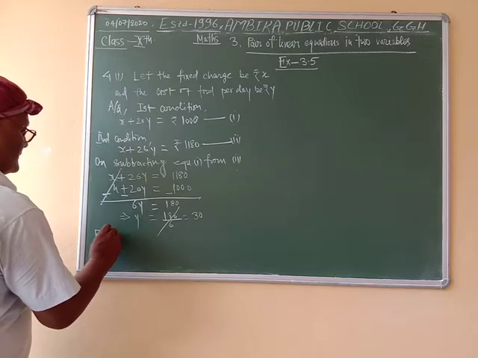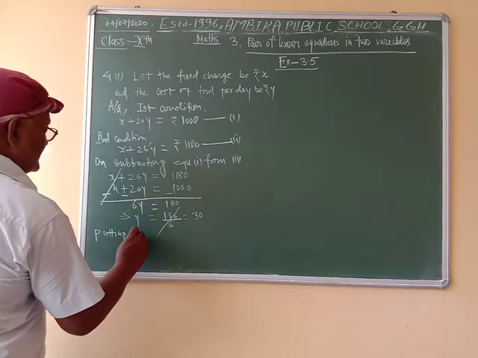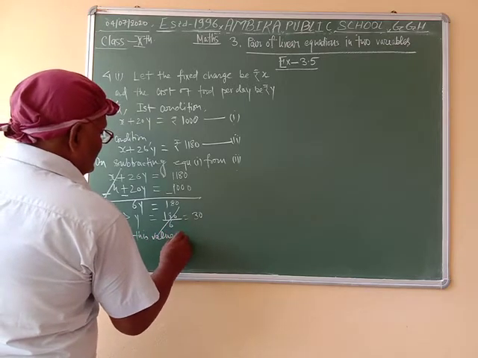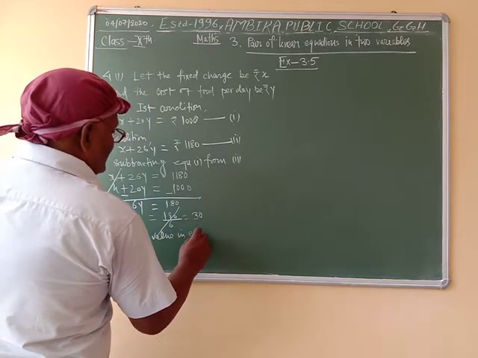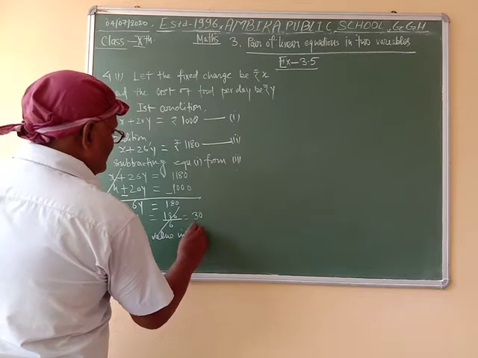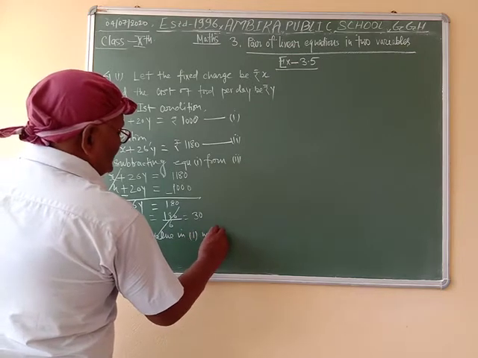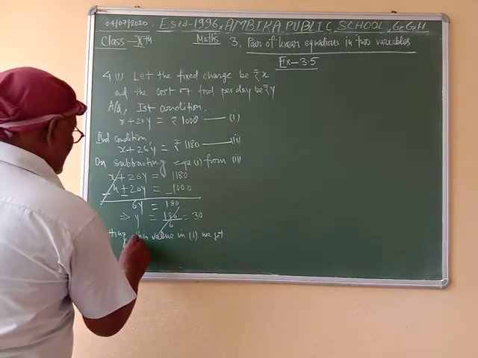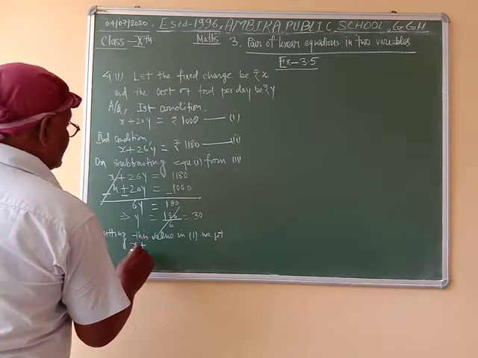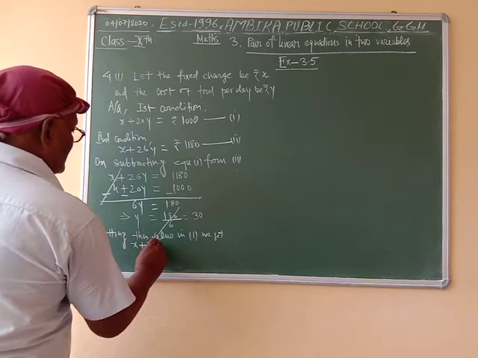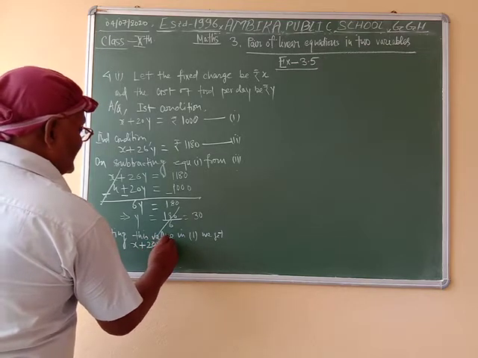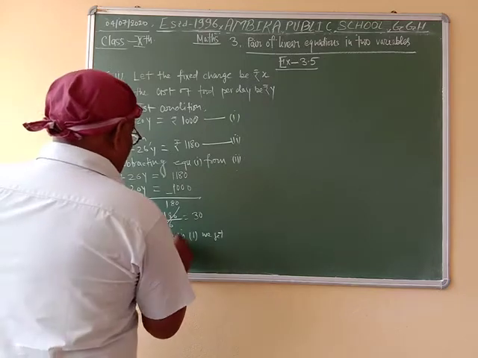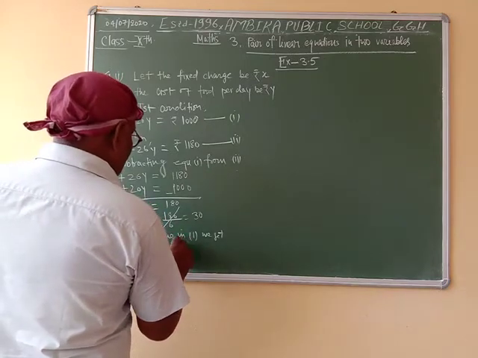Putting this value of Y in equation 1, we get X plus 20 into 30 is equal to 1000.